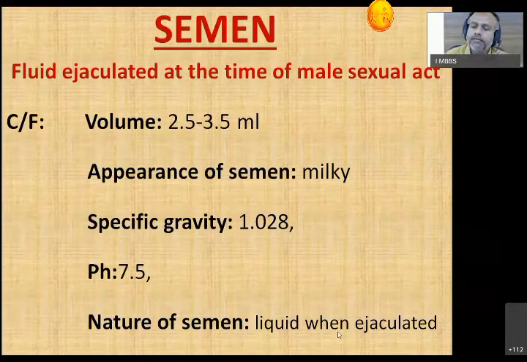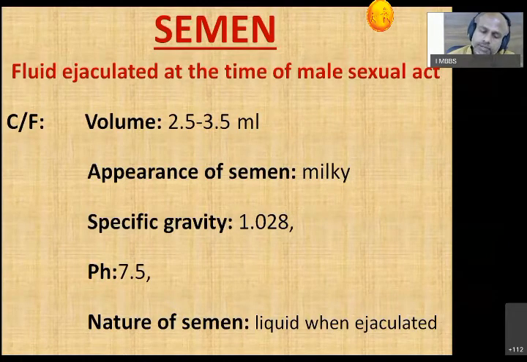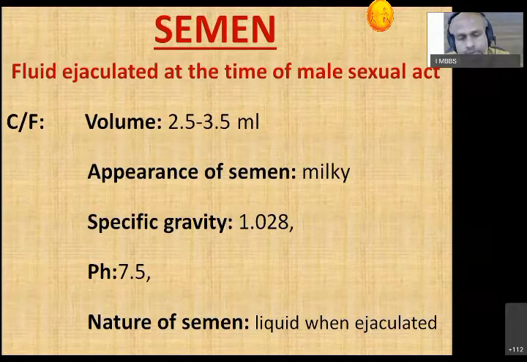Nature of semen: liquid when ejaculated, and it forms a coagulum when it is deposited in the deep vagina during the sexual act. Just after ejaculation it is liquid in nature, but after a minute it becomes thick because of the fibrinogen present in seminal vesicle fluid, and the enzyme for conversion of fibrinogen to fibrin is present in prostatic fluid.